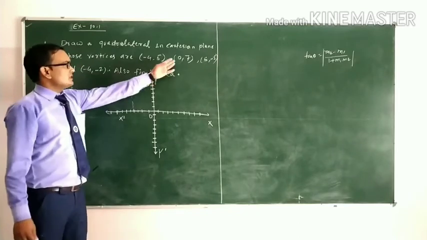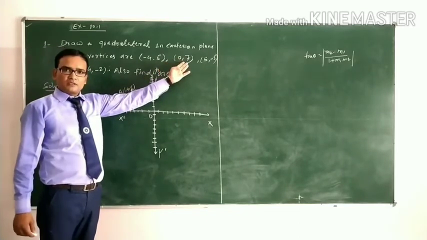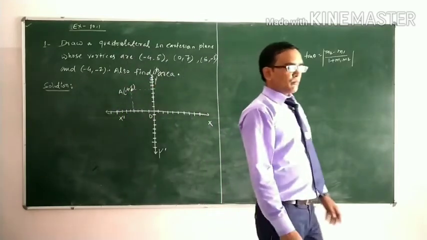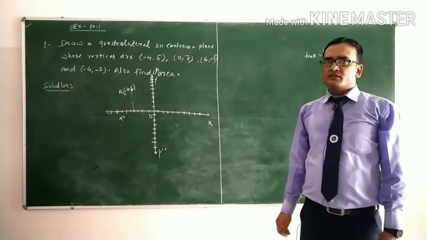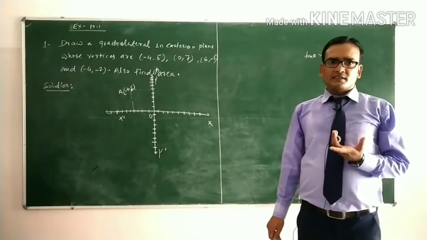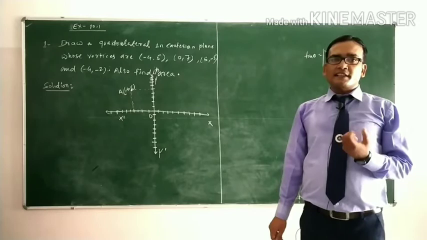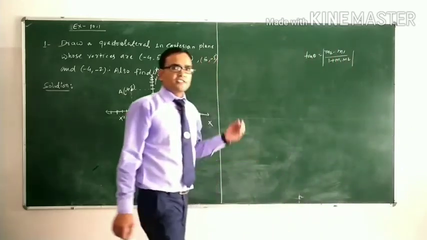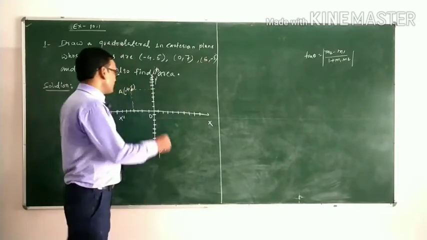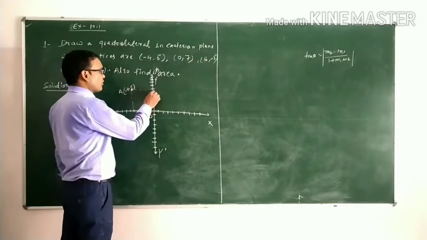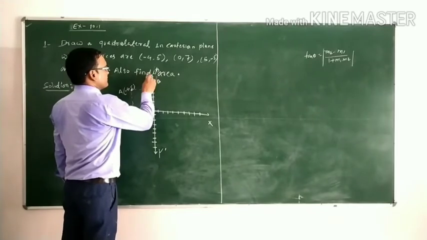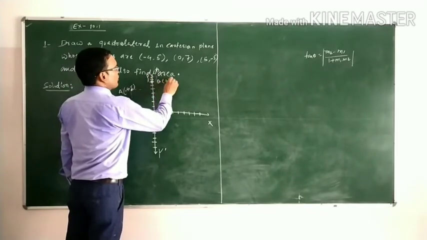Next point 0, 7, a point situated on an axis. What is the axis? The y axis, because the abscissa is 0, 1, 2, 3, 4, 5, 6, 7, and the coordinate of B is 0, 7.